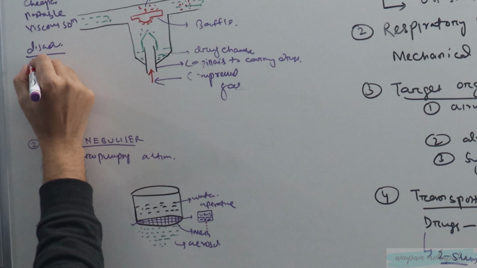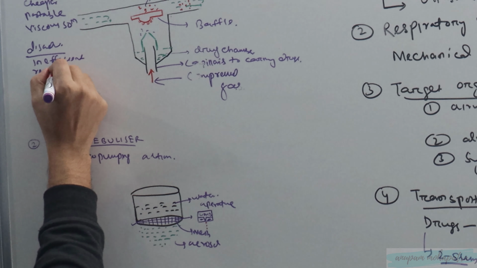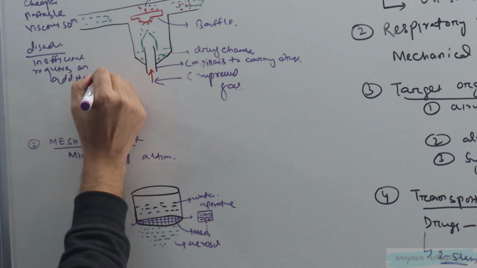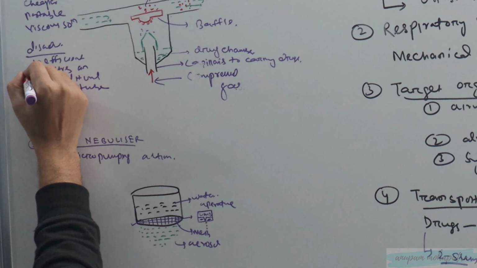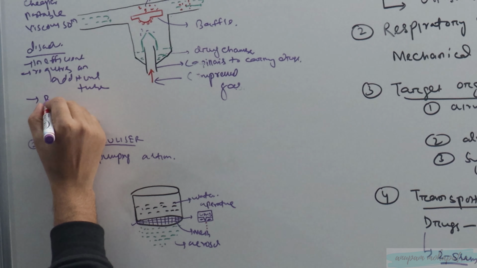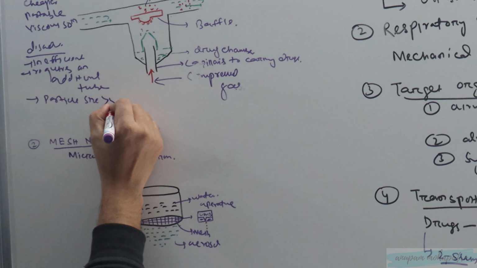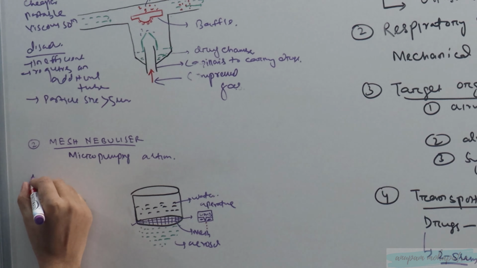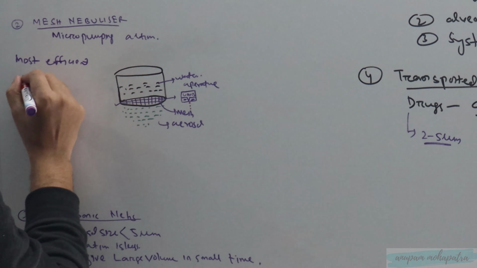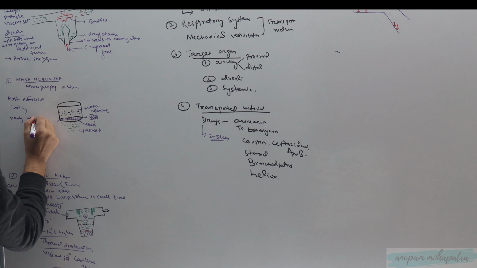Inefficient, requires an additional tube, right, produces particle size more than 5 micrometer. This mesh nebulizer is most efficient, but it is very costly, so rarely used.